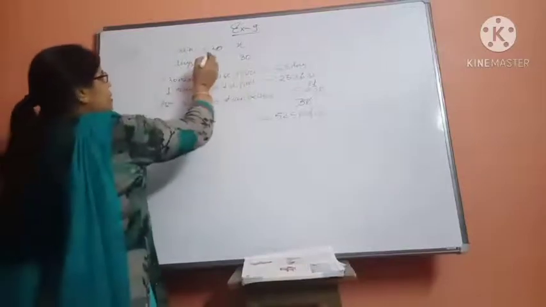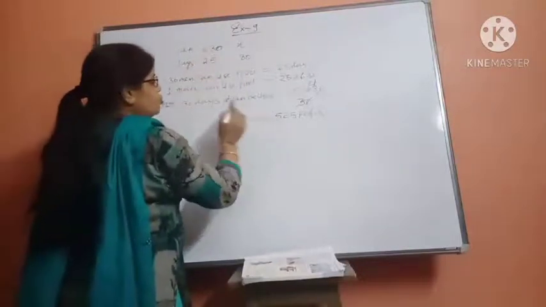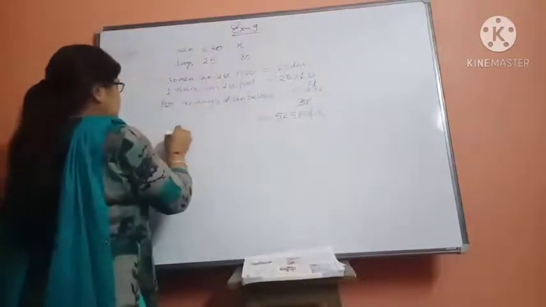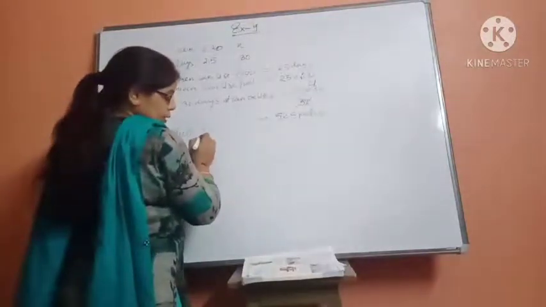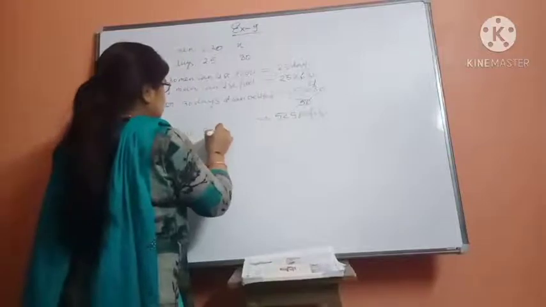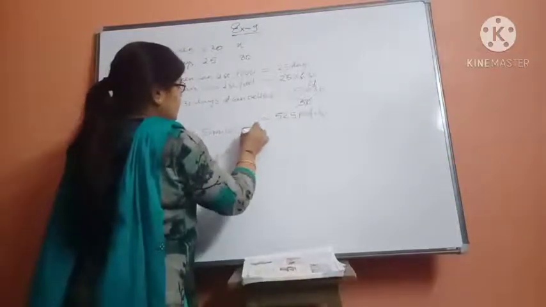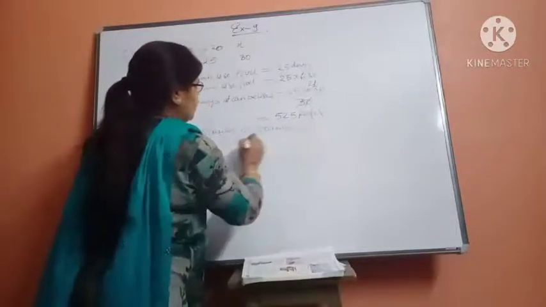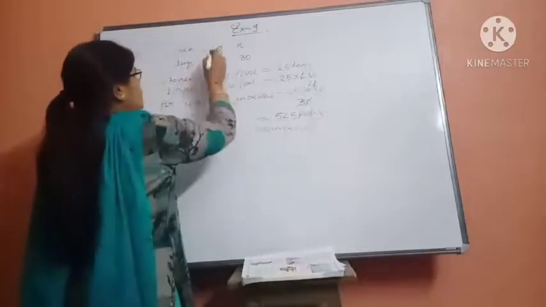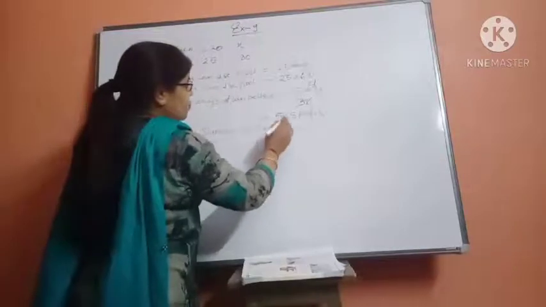From 630, how many people should be transferred? So people to be transferred is equal to total men 630. We need now only 525.